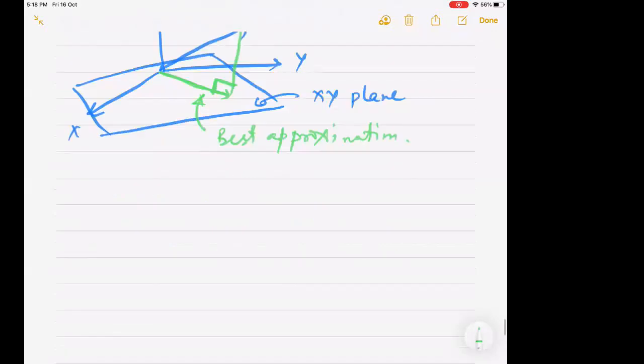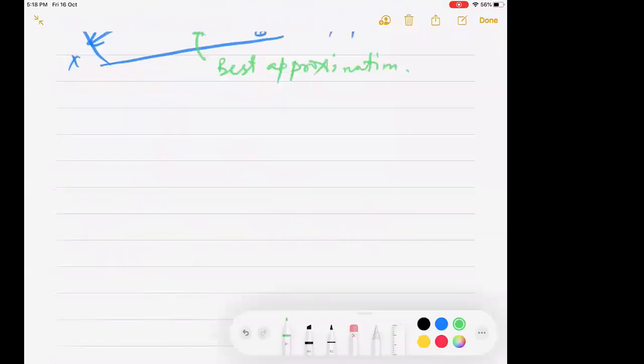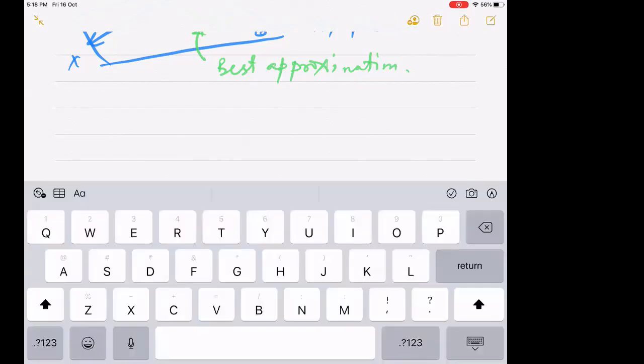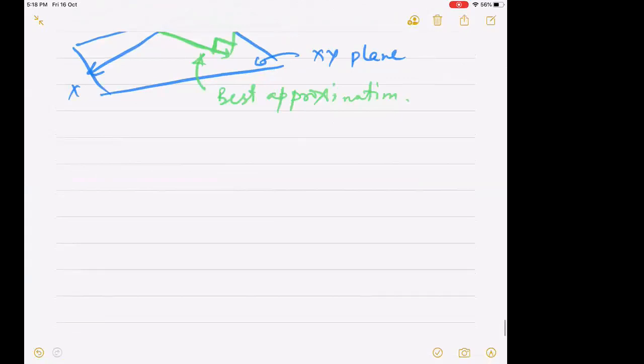How do we extend this idea to the general case of general inner product spaces? For the general case, how do I get this best approximation? In order to formalize this idea, I have to make sense of what I mean by best approximation.